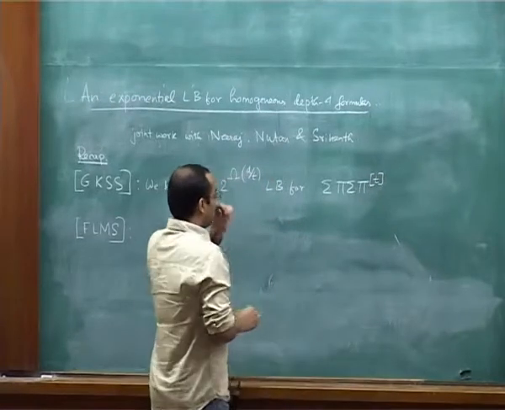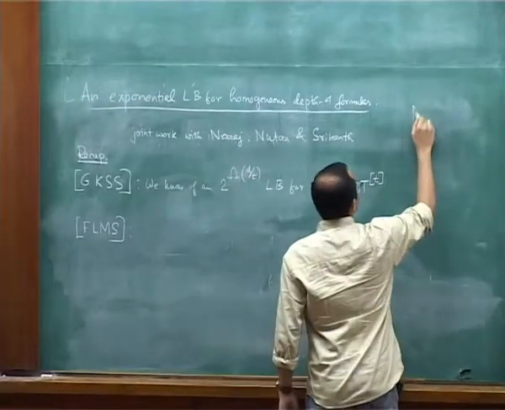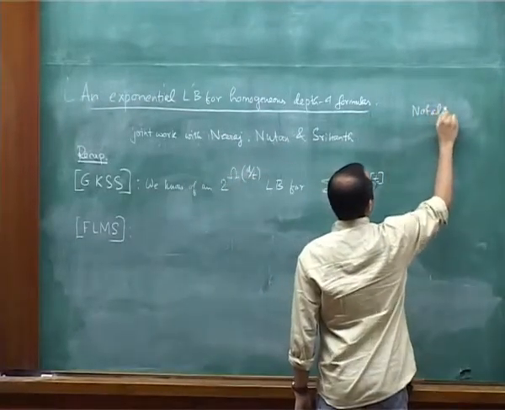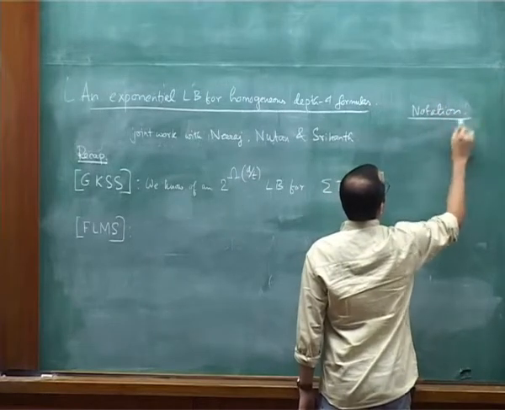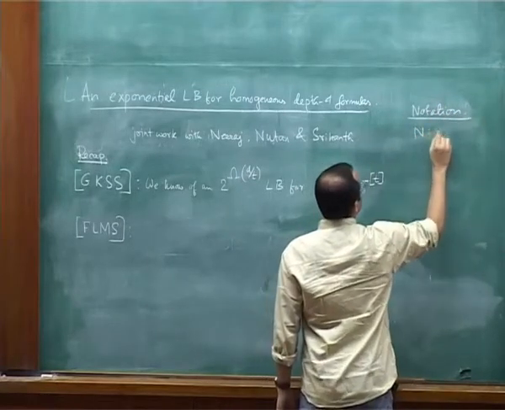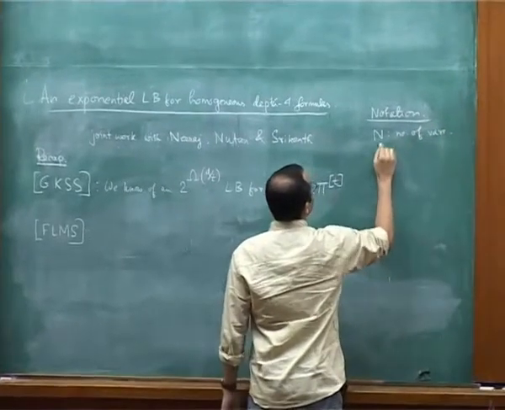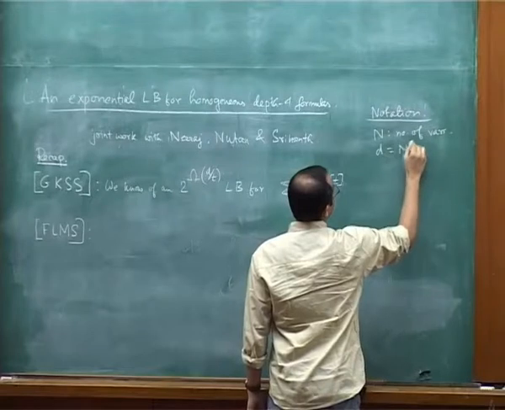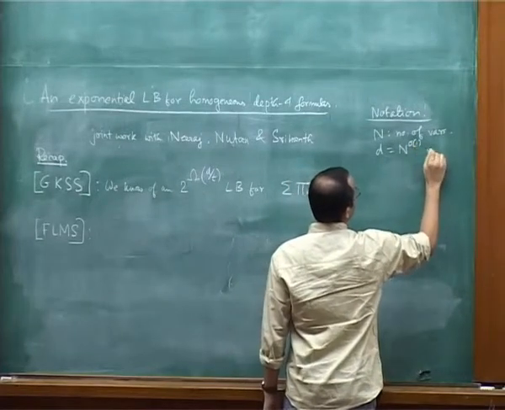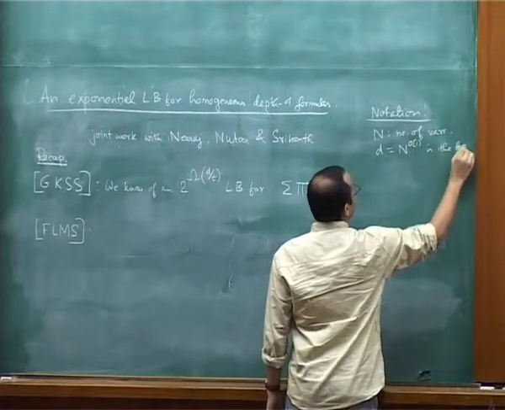So just to make the notation precise, here's the notation, and this I'll try to follow uniformly. n would be the number of variables, d, which is typically polynomial in the number of variables, is the degree of the target polynomial.